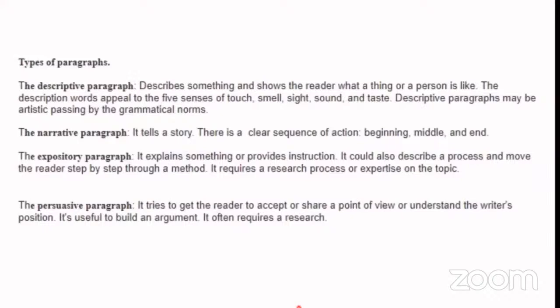It tries to get the reader to accept or share a point of view or understand the writer's position. It is useful to build an argument and often requires research. So in this persuasive paragraph, the writer tries to convince someone else, the reader, about a point of view or something that he's writing. Now, we're going to see one example of each type of paragraph.